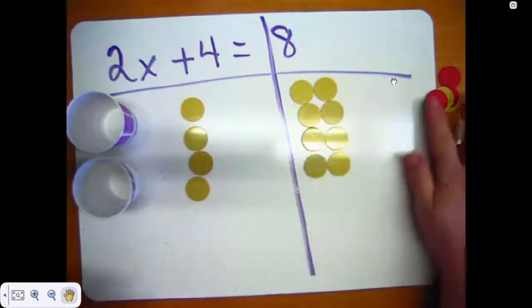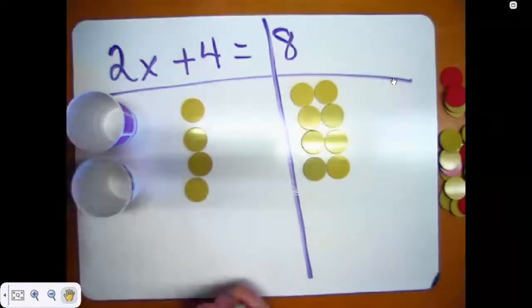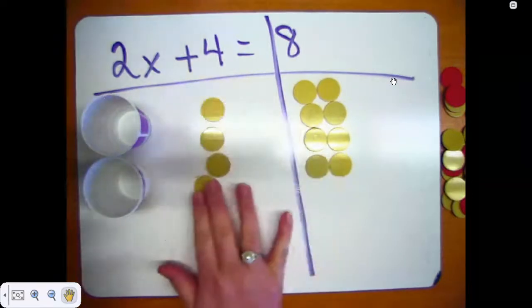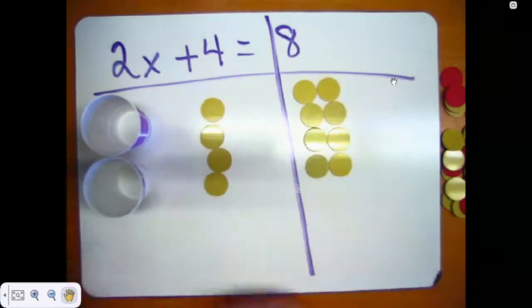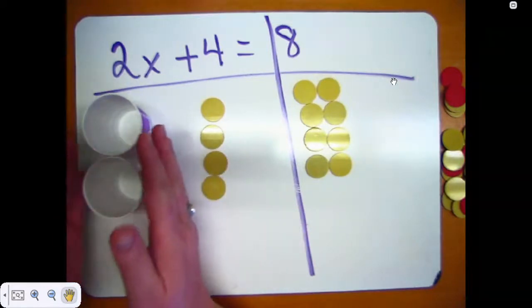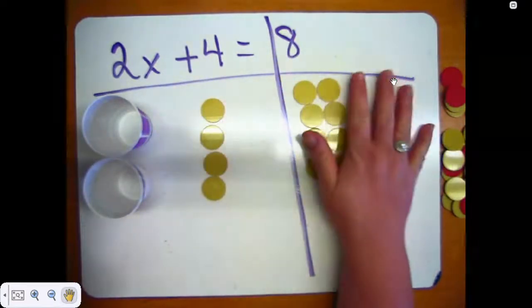Okay, so when we make models, the first thing we always do is check our model. We have 2 variables, so yes, we have 2 variables. We have positive 4, which is 4 yellows, and we have positive 8, which is 8 yellows. So the first thing we're going to do is we want to get our variables by themselves. So we need to get rid of this 4 and somehow get it to the other side.